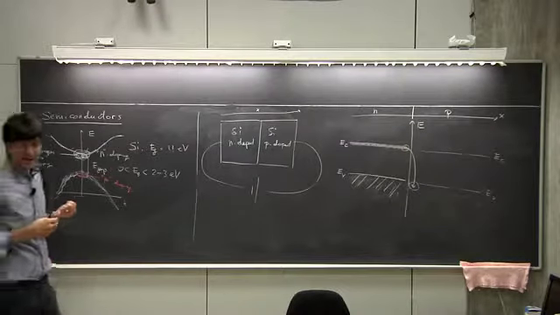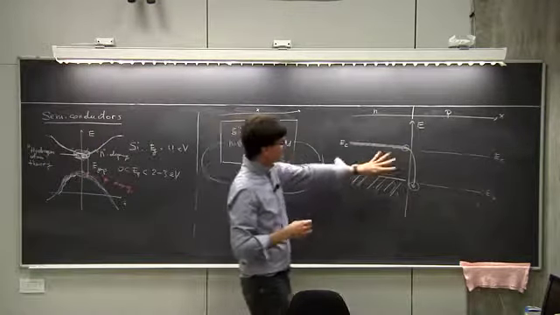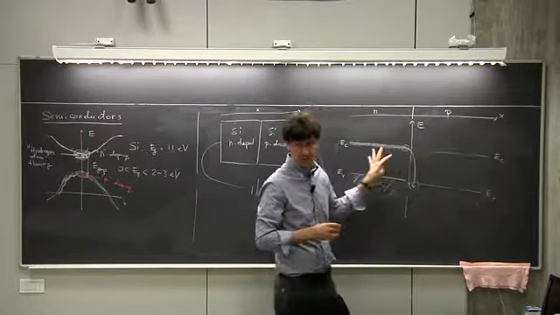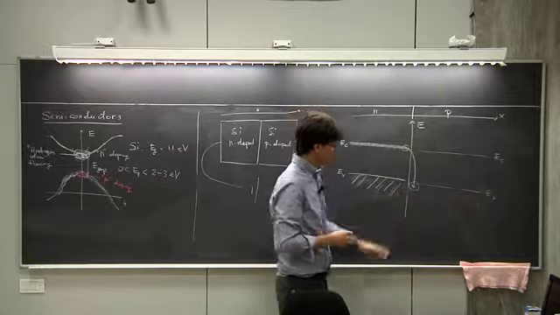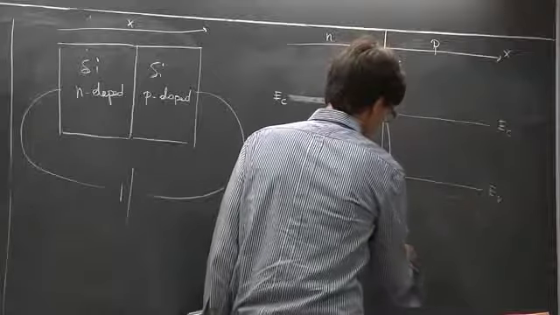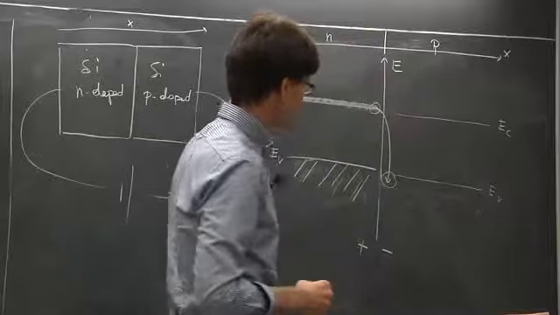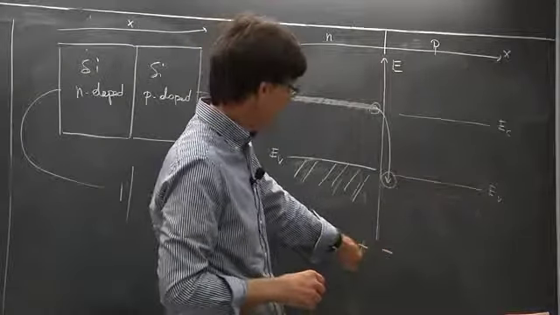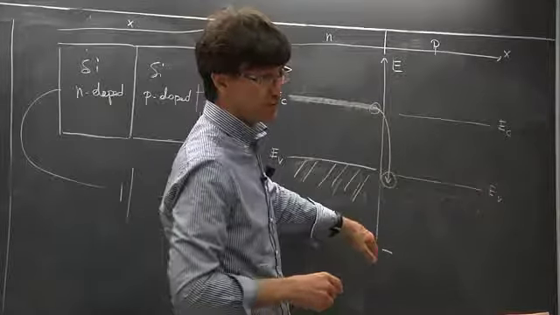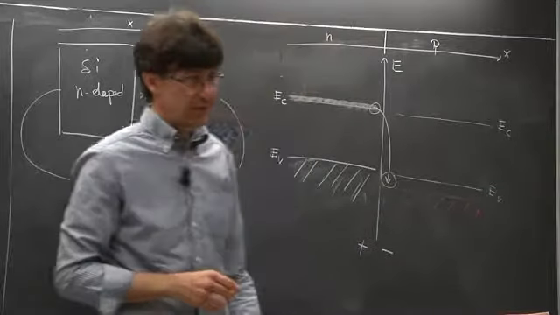But the system was originally neutral everywhere. If you take an electron from here and place it here, you're going to introduce a charge imbalance. You add some negative charge on the right side, and you leave behind positive charge, because you have taken an electron and placed it on the other side.